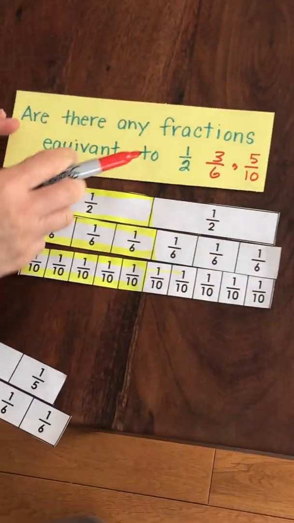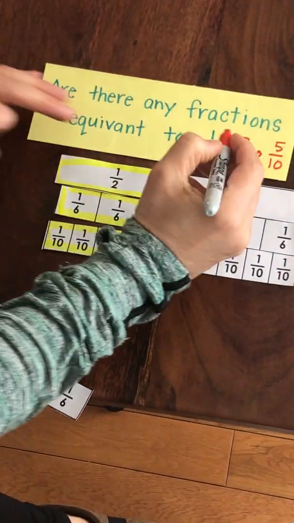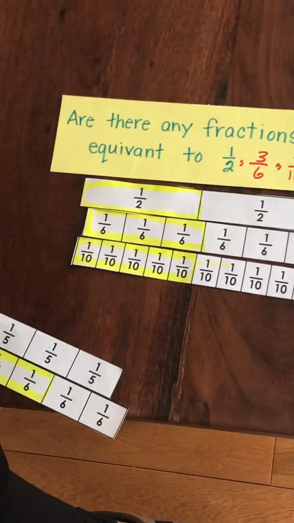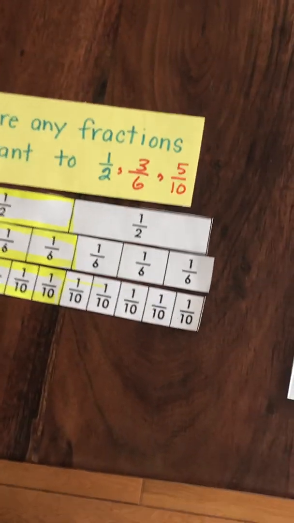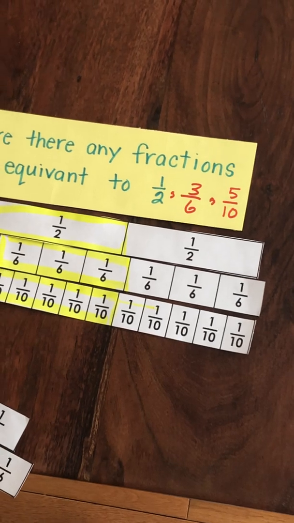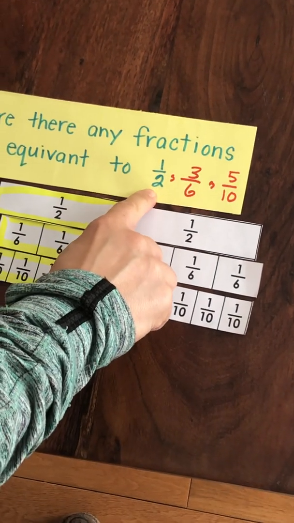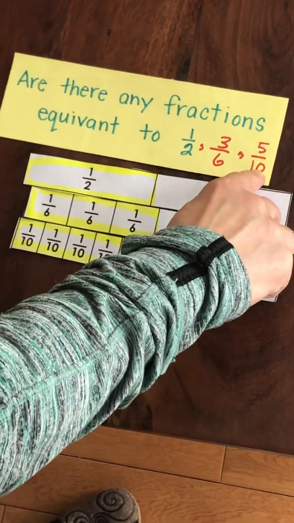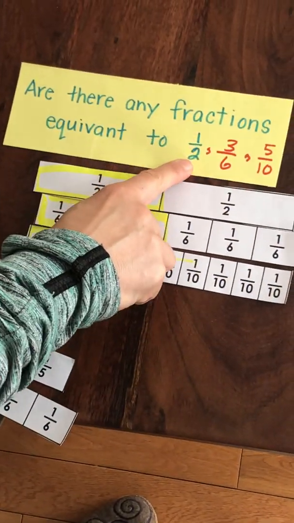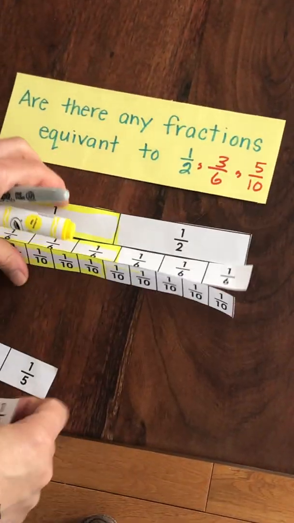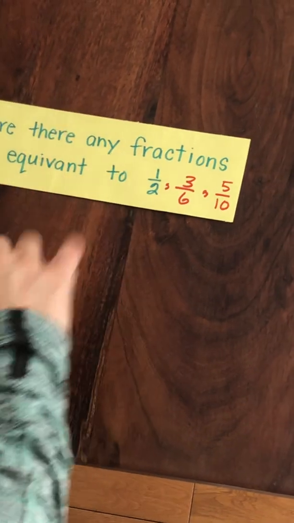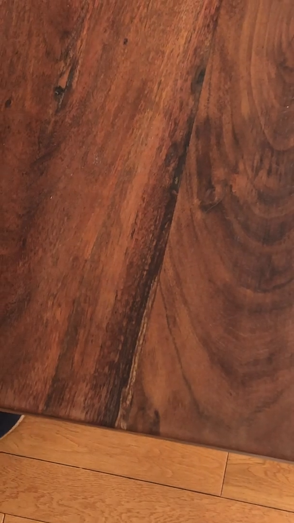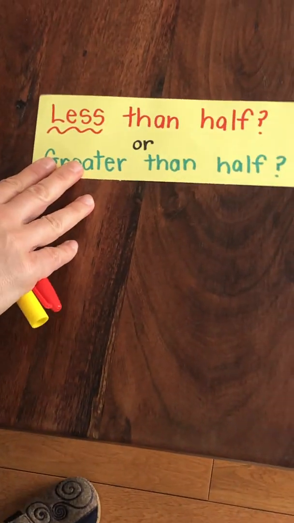Now, do you notice anything that is similar about 1/2, 3/6, and 5/10? If you said that it's half, for example, 3 is half of 6, 5 is half of 10, 1 is half of 2, that's why they're halves.